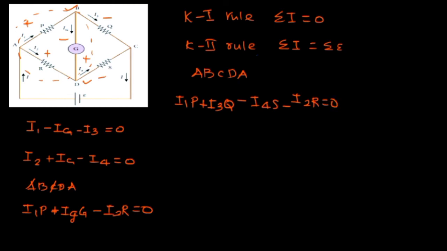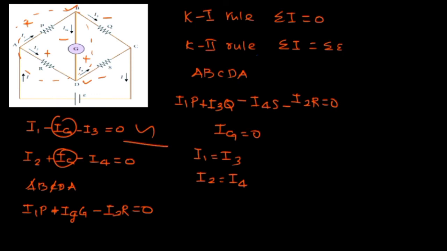So the condition we use is when the junctions B and D are at same potential, the current flowing through the galvanometer will be equal to 0. So IG equal to 0, and you get I1 is equal to I3, and I2 is equal to I4.